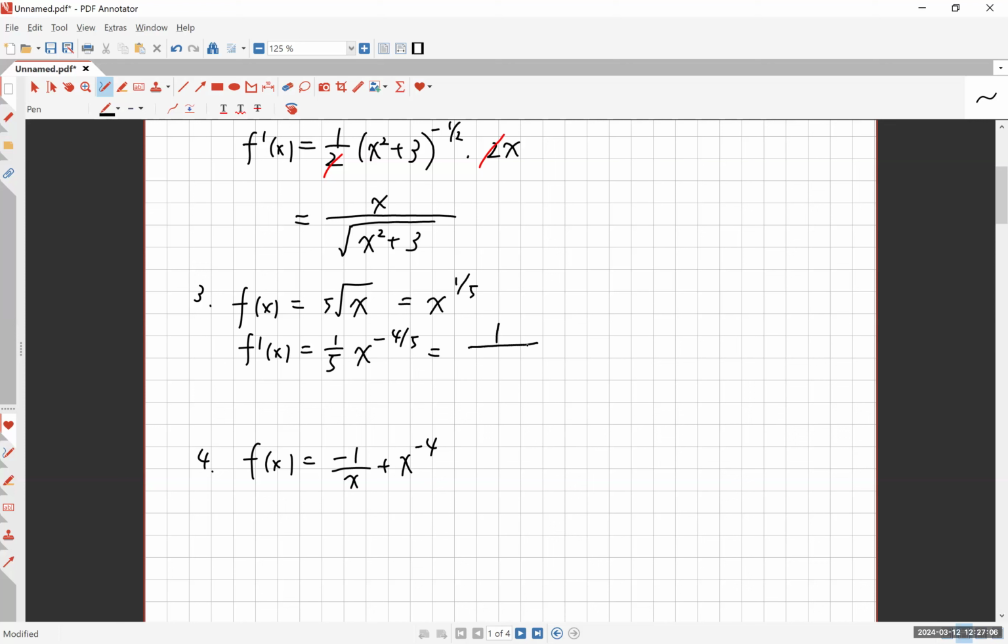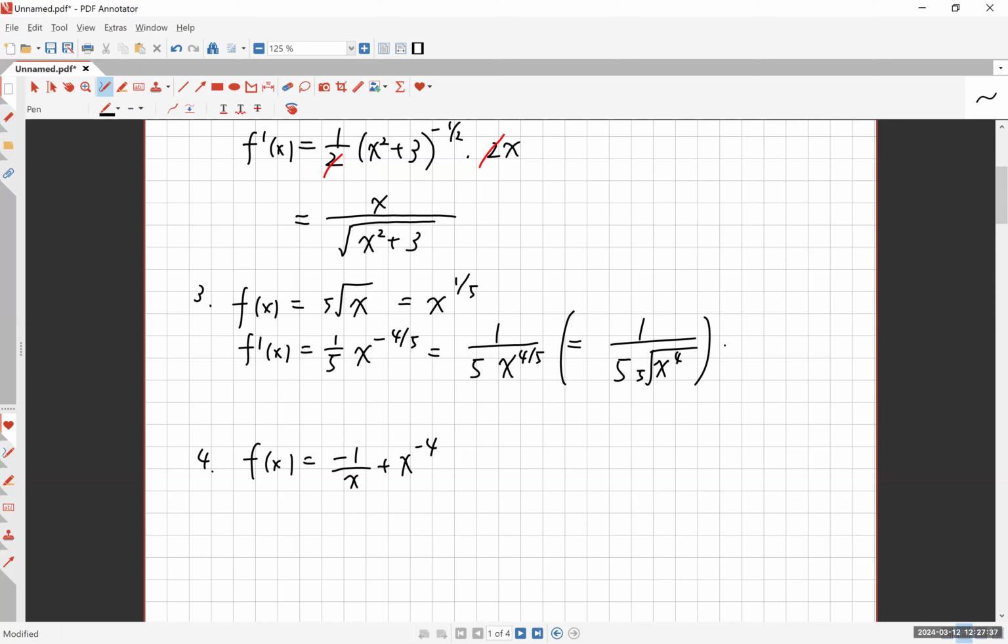And typically, we want to write an expression with a negative exponent in the denominator. So this will be 1 over 5 times x to the 4/5. You don't have to, but you could also write this as 1 over 5 times the 5th root of x to the 4th. Okay, so that's another way of writing that. Either one would be acceptable.